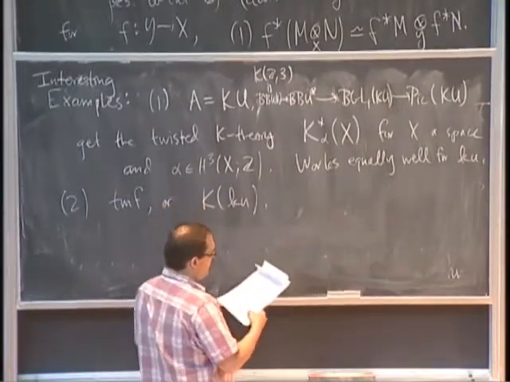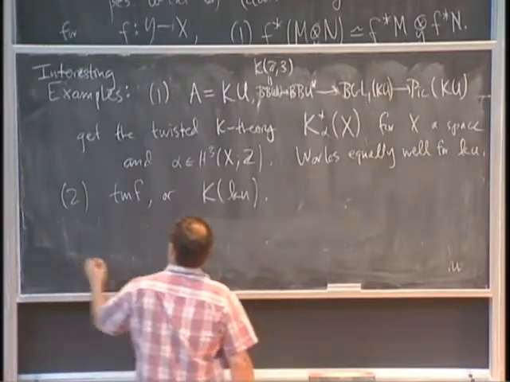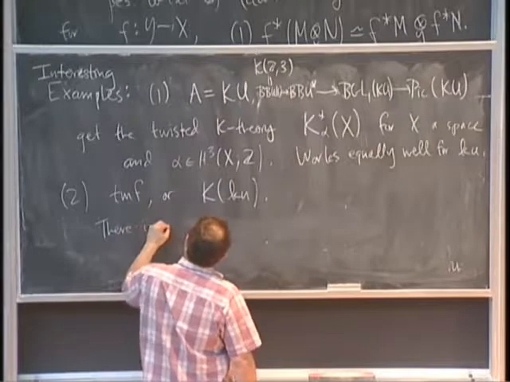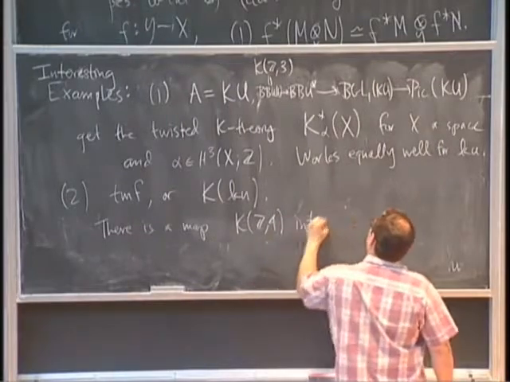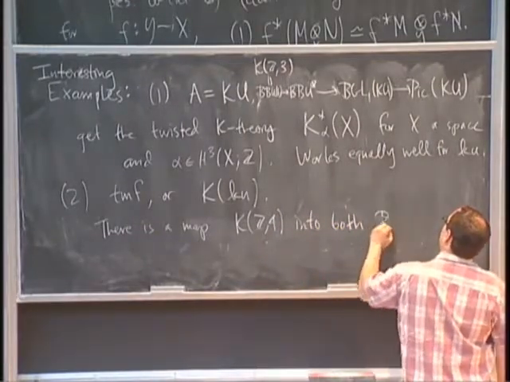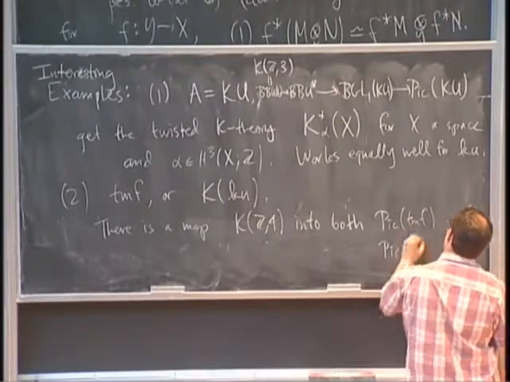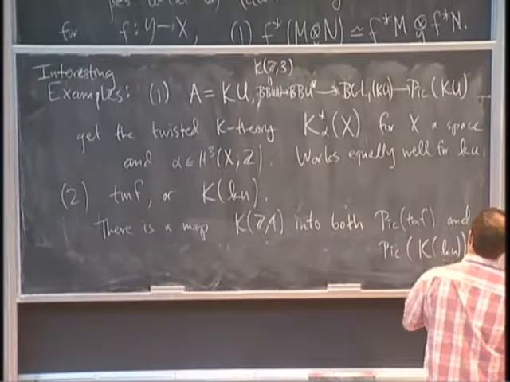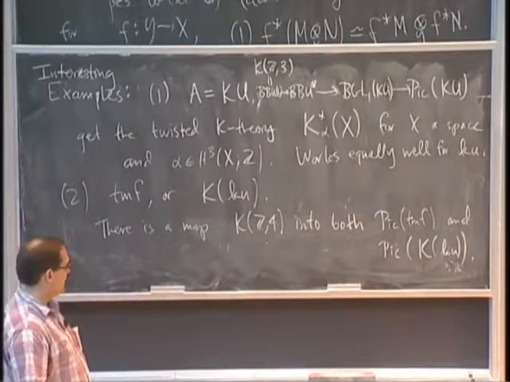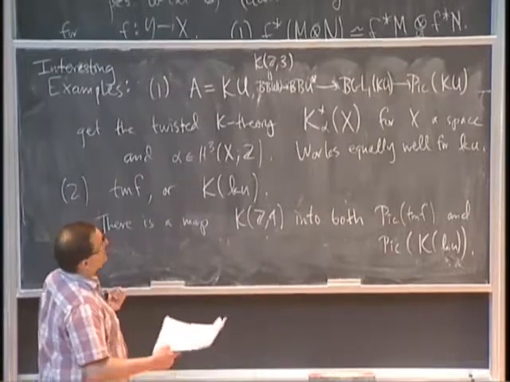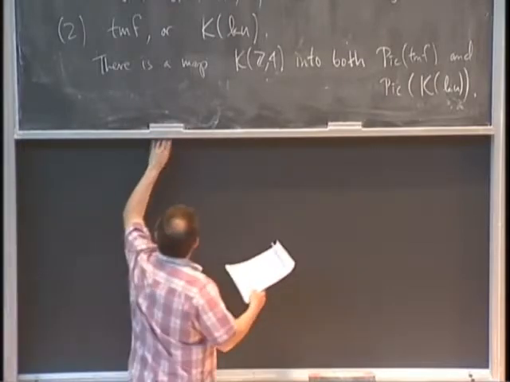Well, there is a map from KZ4 into both Pic of TMF and Pic of K of ku, the algebraic K-theory spectrum of the connective topological K-theory spectrum. And I thought I would describe these as an interesting example.